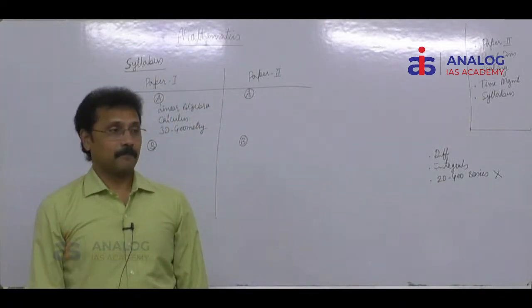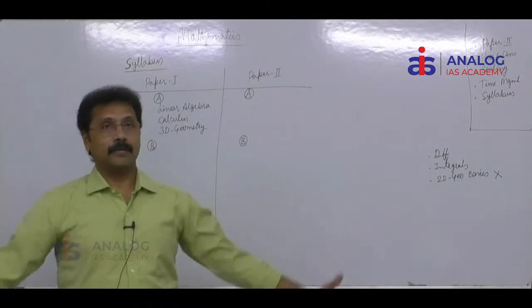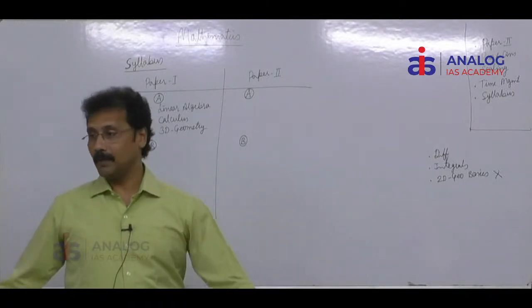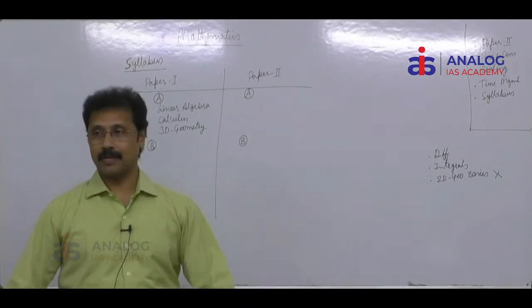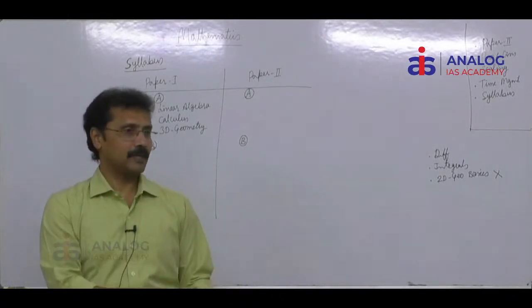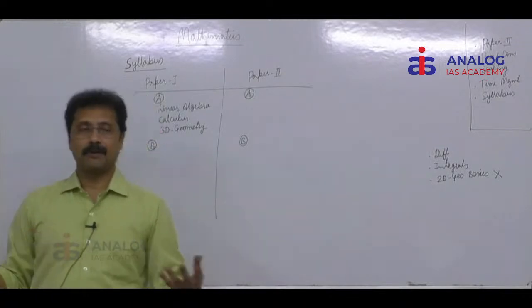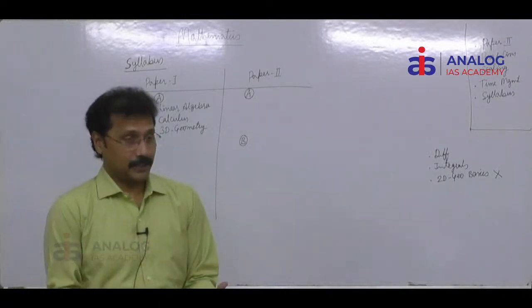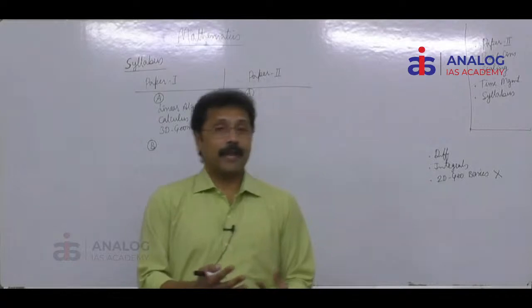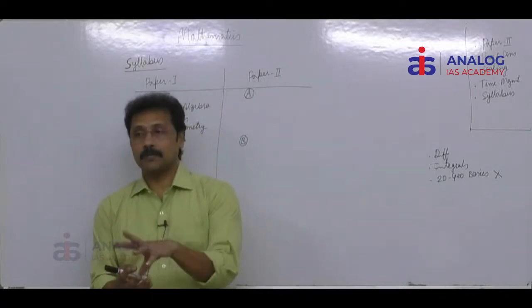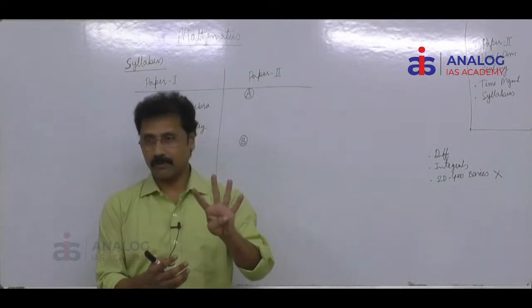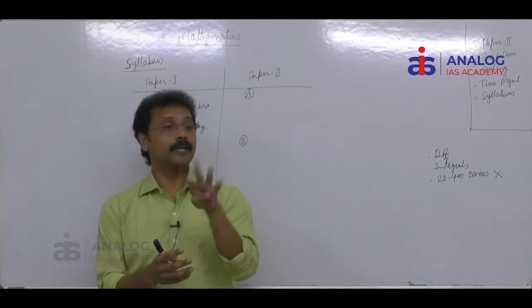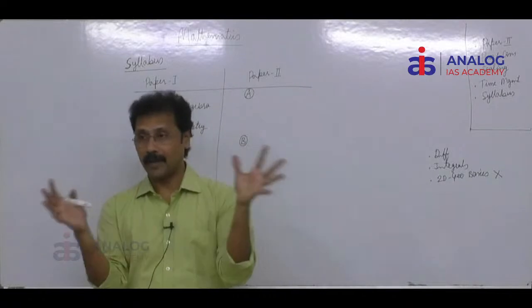For example, assume this to be maybe a first quadrant. Obviously you understand that in three-dimensional geometry the entire space is divided into 8 octants. In two-dimensional geometry we have only 4, which we call first, second, third, fourth quadrant. But in three-dimensional geometry, 4 plus 4, we have 8. We call them octants.